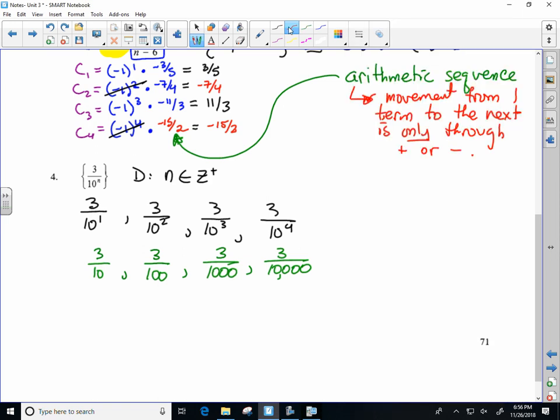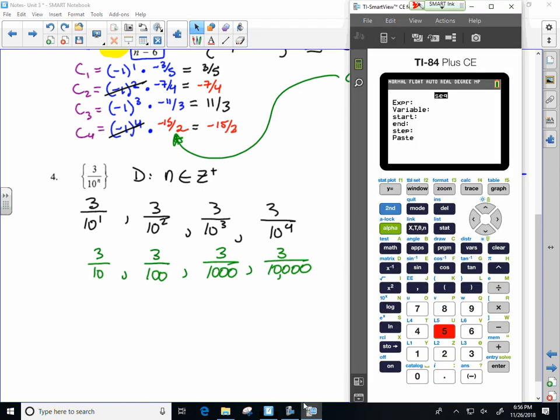There's other methods, but since we're learning about sequences, it's kind of nice when there's a function built into your calculator that's called sequence. Odds are it's going to be the right way to go. So again, second stat over to ops, option 5.